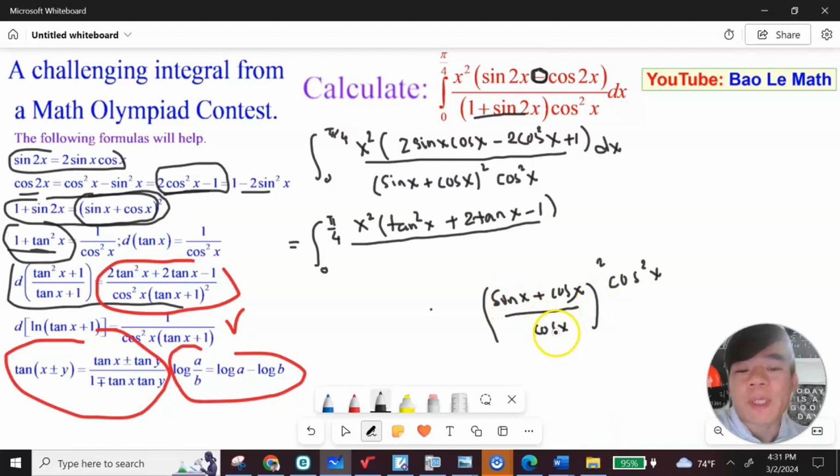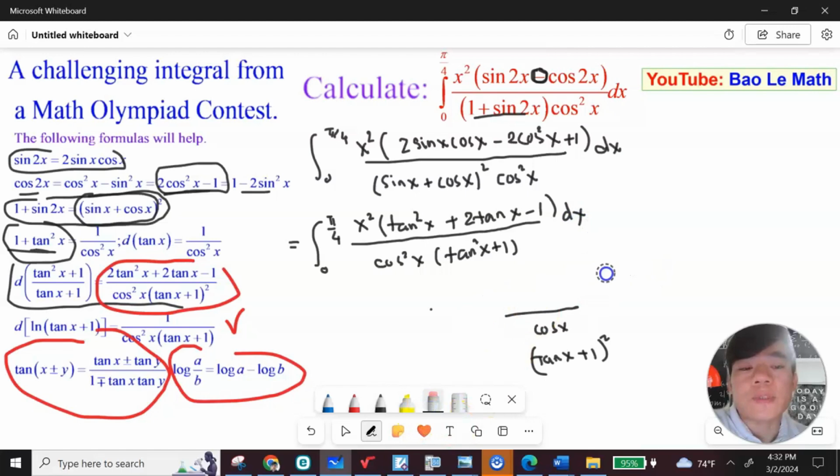Now sine s divided by cosine s is tangent s, and cosine s divided by cosine s is 1, so plus 1 squared. So I write the answer over here: cosine squared of s times tangent squared of s plus 1 ds. All right, we're good to go.